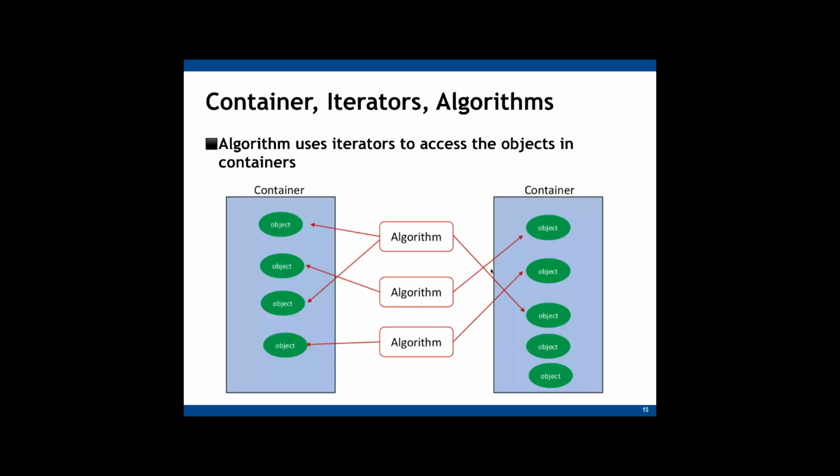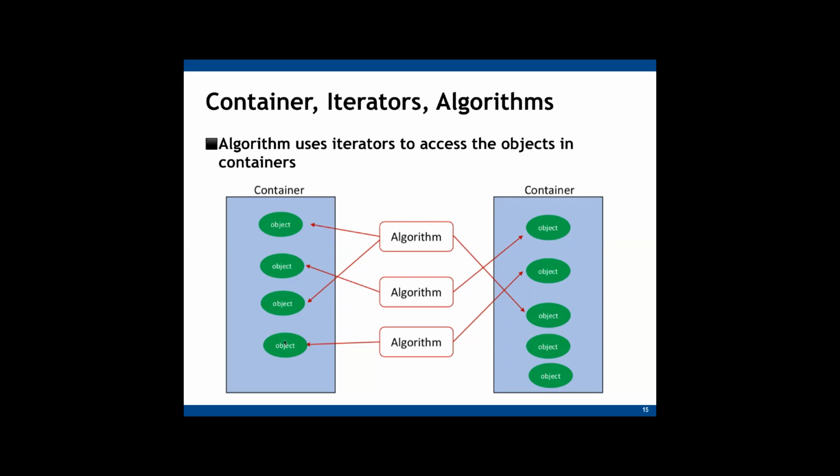This diagram shows the relationship between container, algorithms, and iterator. This arrow line indicates the iterator. Algorithms use iterators to access the objects in the container to perform a particular task.